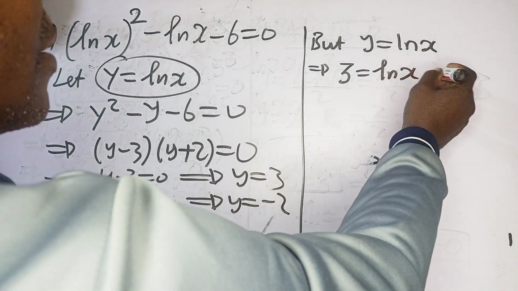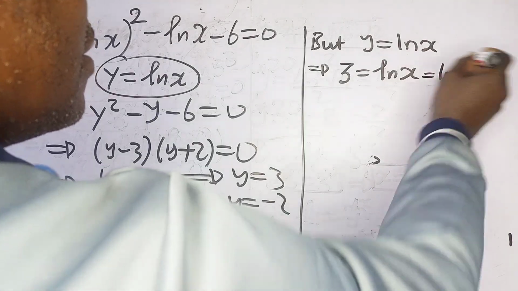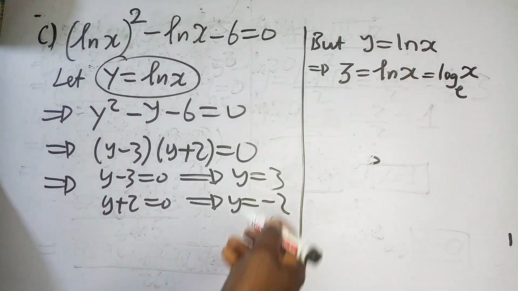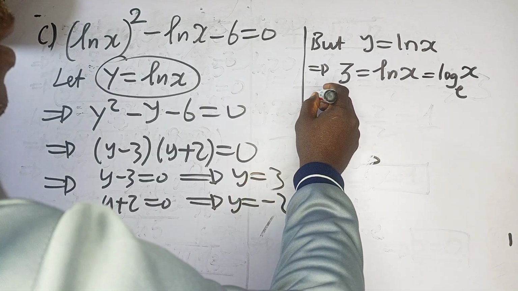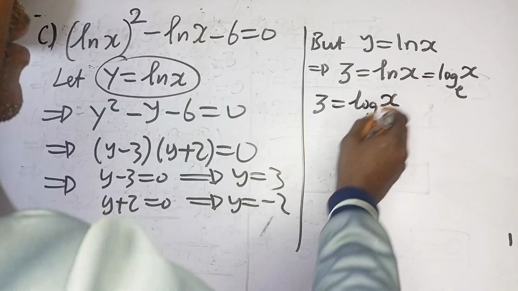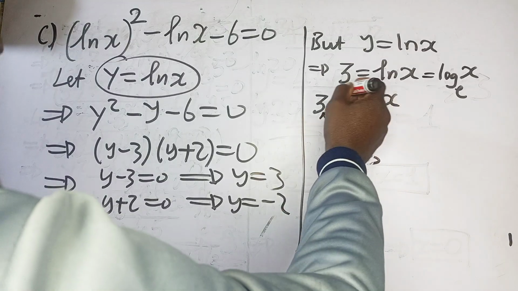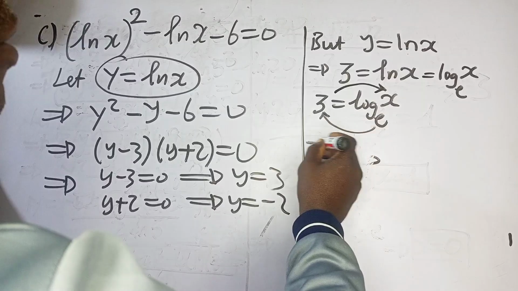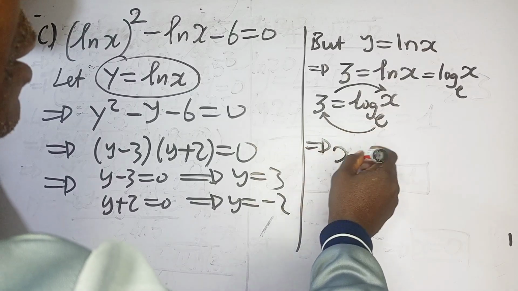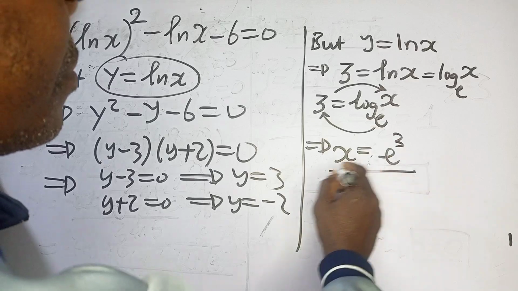Remember, ln simply means log to the base e, so ln x is log to the base e of x. To get x, we simply take this base raised to this power, which gives us the argument x. So the value of x is e cubed.